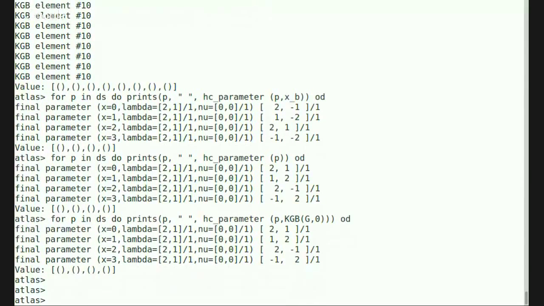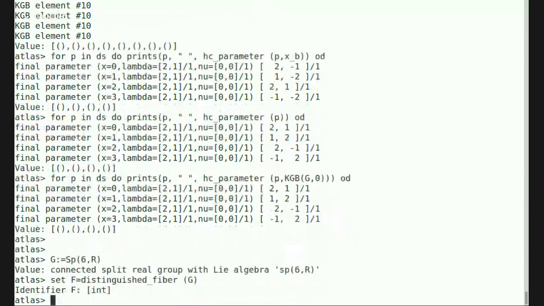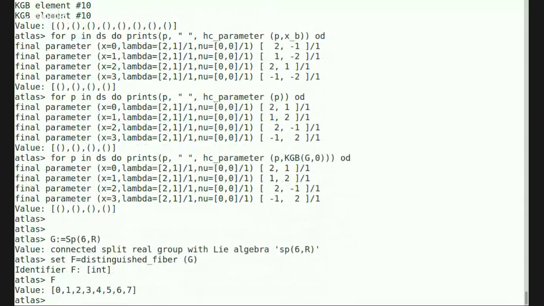Let's do a slightly bigger example. Let's take G as Sp6R. And let's set F to be the distinguished fiber of G. So this is saying that KGB elements 0 through 7 are in the distinguished fiber.